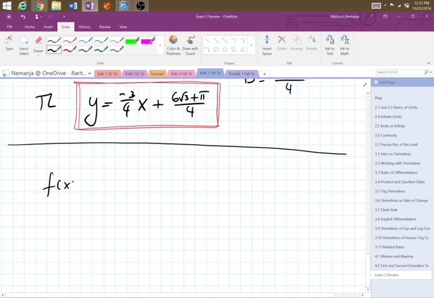So function f of x is given by x plus 5 to the 10th times the square root of x squared minus x plus 8, divided by sine to the 5th of x.